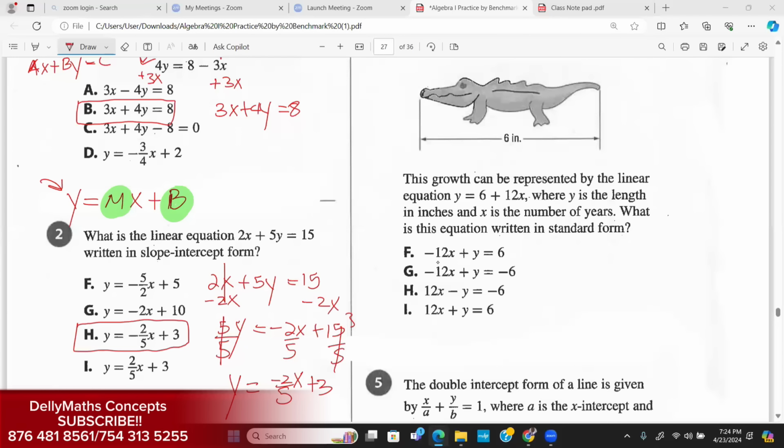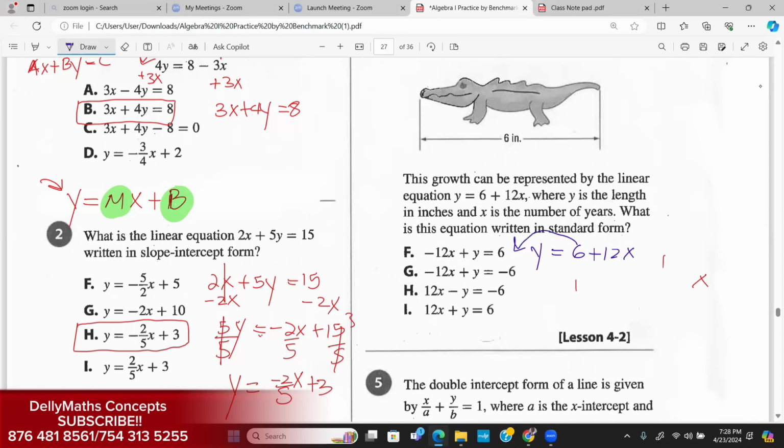Remember though, in standard form, all I'm going to do is write it like this: Ax plus By equals C, from y equal to 6 plus 12x. So I could get this on this side and get this on that side. So basically I'm going to subtract 6 first.